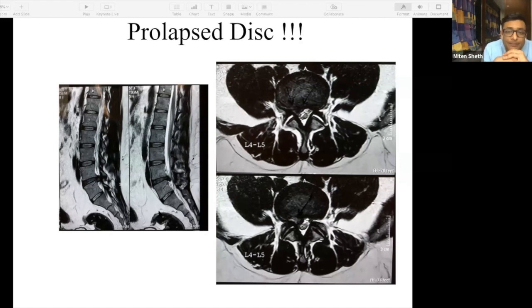Sometimes what happens is that L5 is stuck to your sacrum. So there is not a lot of movement over there, and that is called sacralization. The L5 spinous process is stuck to your sacrum, which means you just have 4 effective mobile lumbar vertebrae.